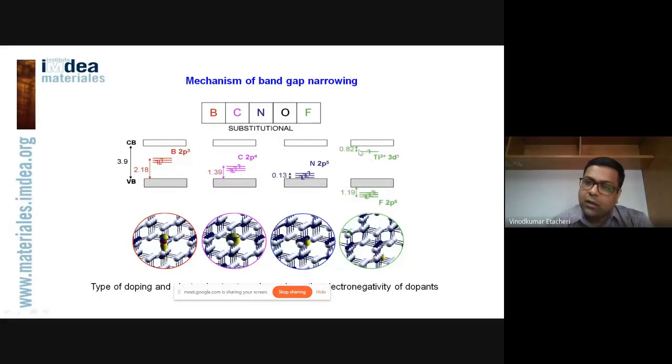And in case of fluorine doping, the energy levels are very close to the conduction band. Even though it is modifying the valence band, there are two different energy levels. The fluorine energy level is below the conduction band, and there is an additional level of Ti3+ because it is replacing oxygen. So fluorine is the only anion that can replace oxygen in TiO2 doping. This can create two types of energy levels, and even make it more active.